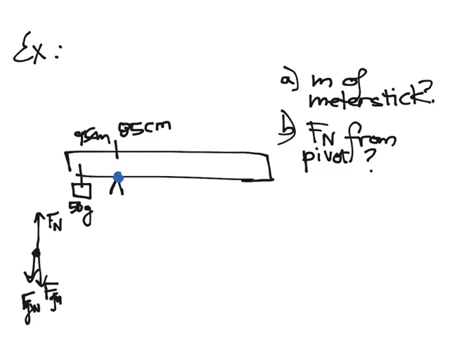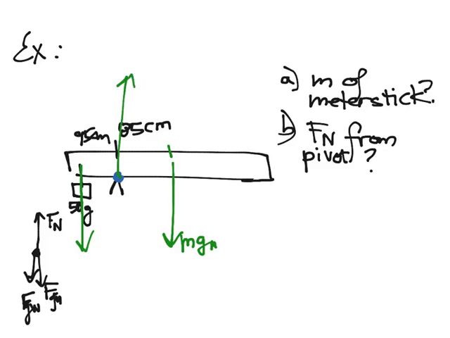In terms of torque, I'm going to draw these forces right on the meter stick. So I have at 95 centimeters, 50 grams down. At the 50 centimeter mark, I'm going to have mg down from the meter stick. I'll call that mgm for mg of my meter stick. And then I have this force Fn from the pivot.